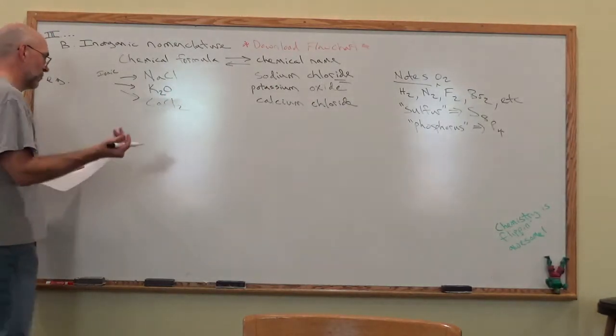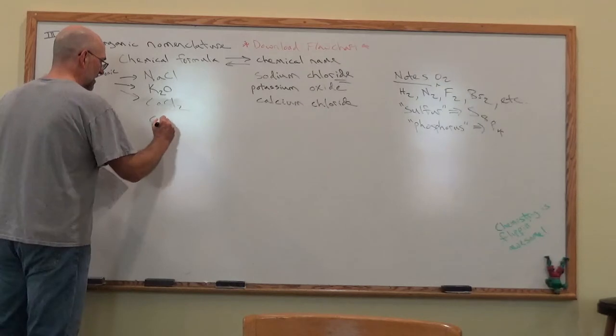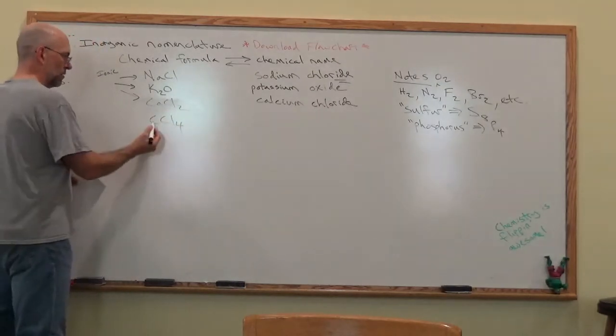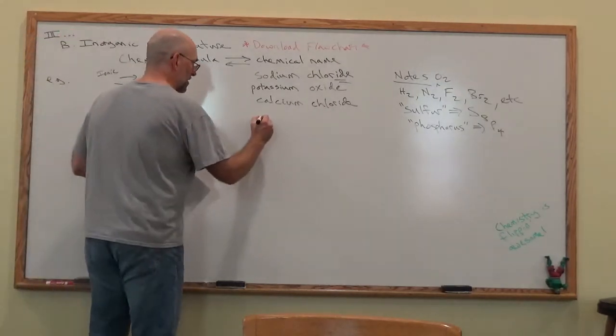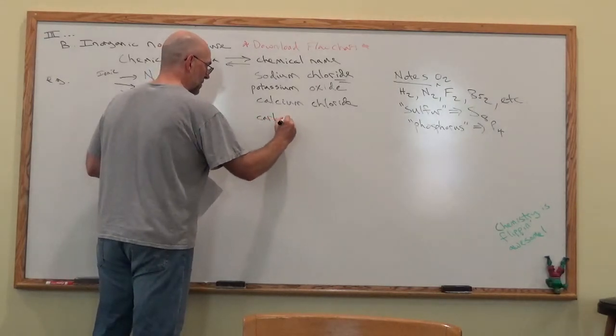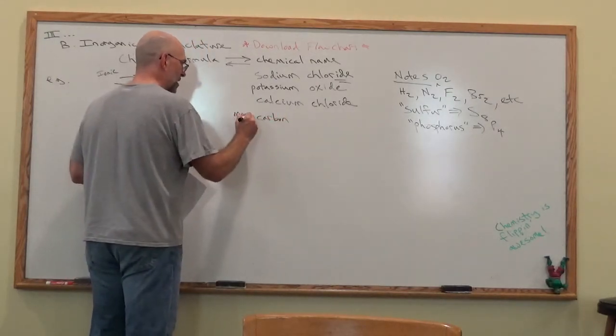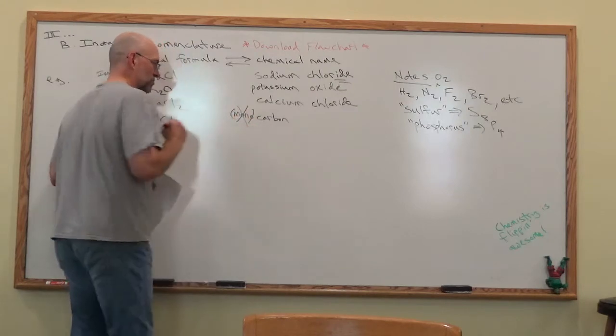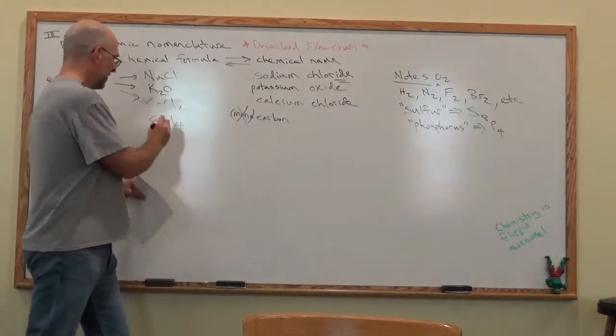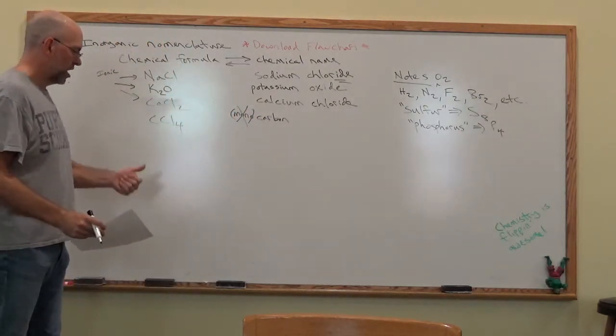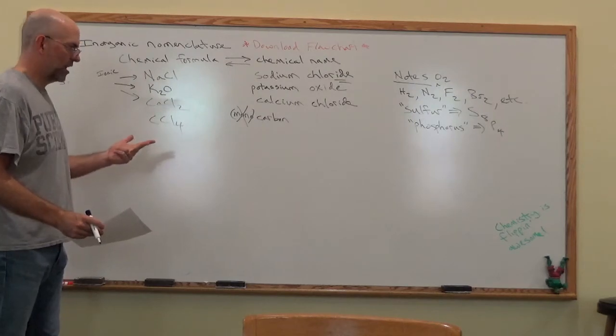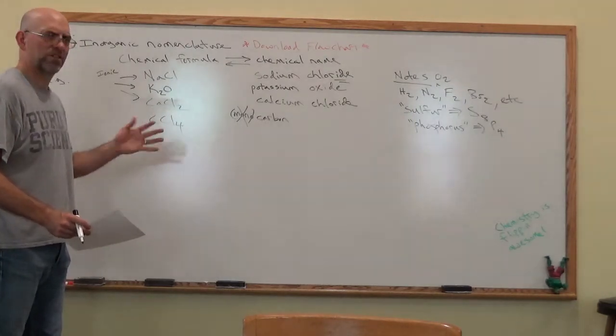Well, let's look at some covalent ones. I kind of told you that ahead of time. CCl4, non-metal. This is carbon. Typically, we do not say monocarbon. Typically, we don't do that. So just carbon and 4, mono, di, tri, quad, what? What's 4?